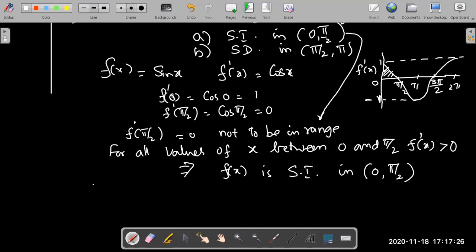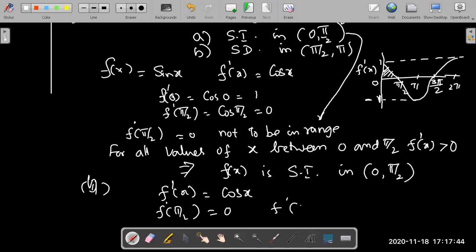Now the second case, the B part. f dash x is cos x, and we have to worry about pi by 2. f dash pi by 2 equals 0, and f dash pi equals cos pi, which is minus 1.